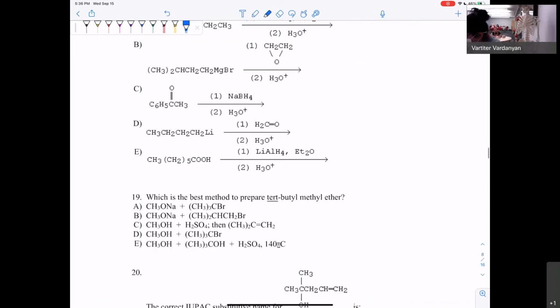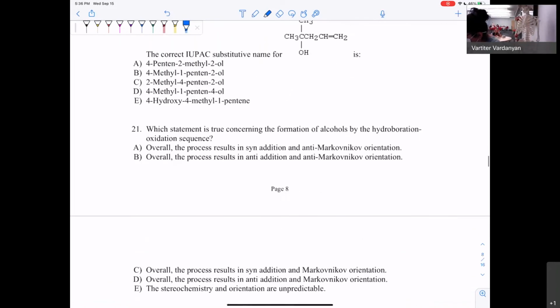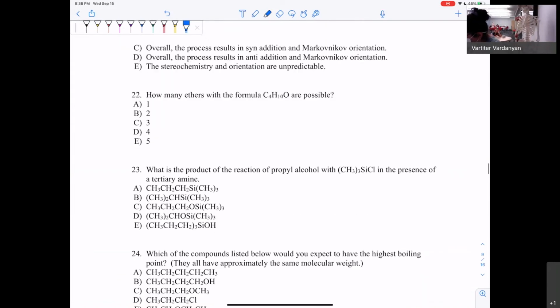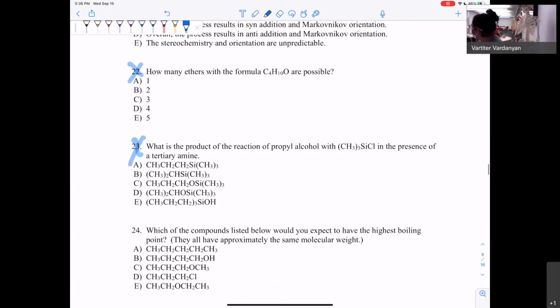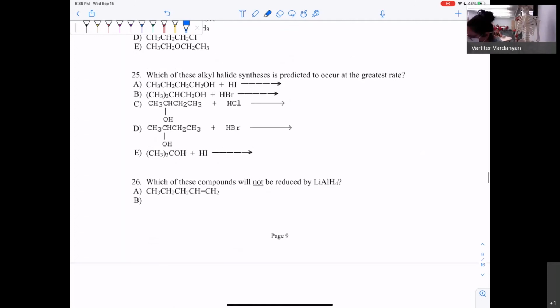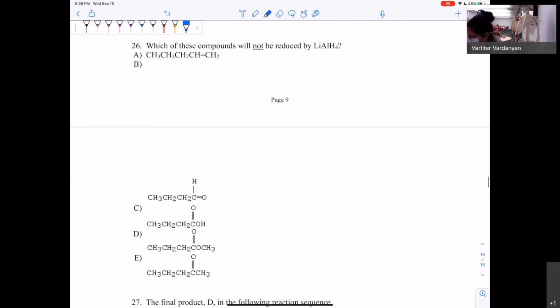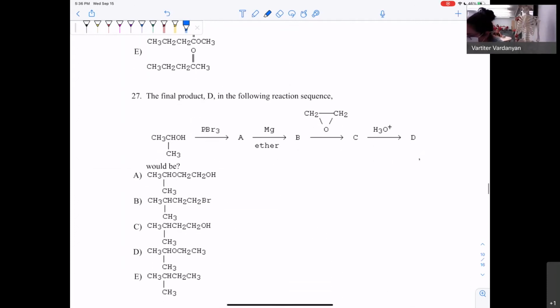We can keep this one. We can keep this one, I guess. We can keep that one, I guess. We're going to get rid of 22. We're going to get rid of 23. We're going to get rid of 27.